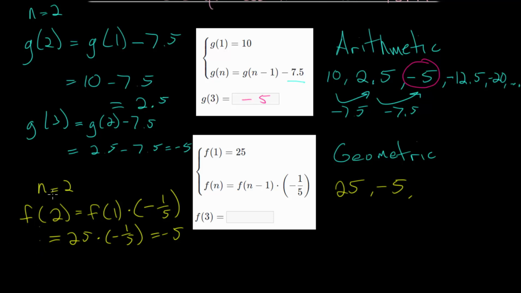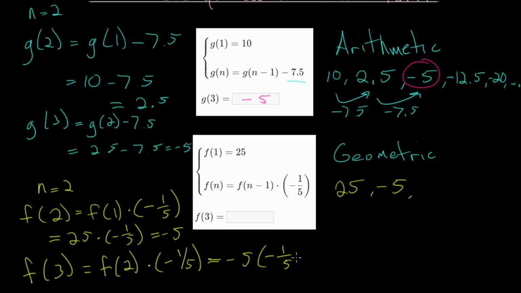We'll continue this. Now we'll set n equal to 3. So we have f of 3 is equal to f of 3 minus 1, which is just the second term, multiplied by minus 1/5. That second term was negative 5. So we have minus 5 multiplied by minus 1/5. The negatives cancel, 5 divided by 5 is just 1, so we get 1 here. And you can see the pattern.